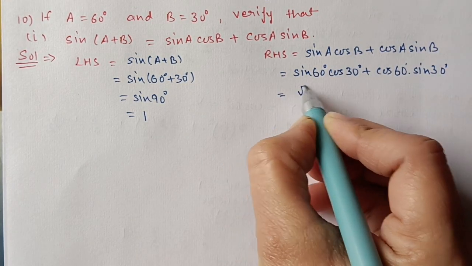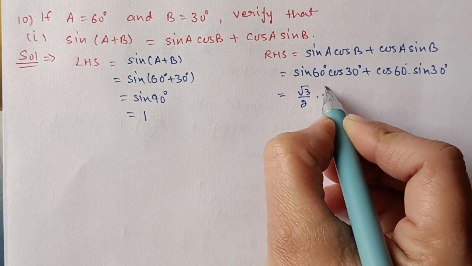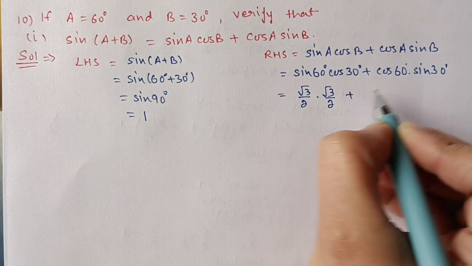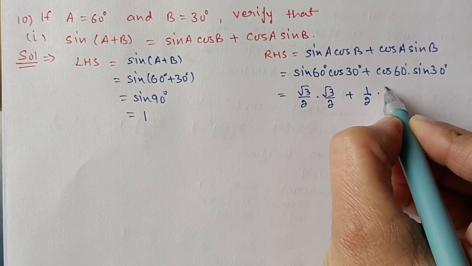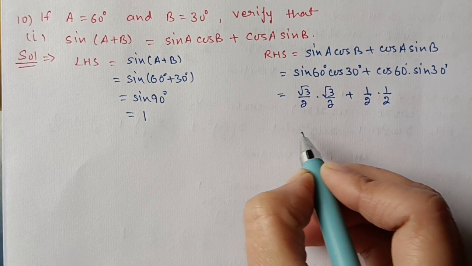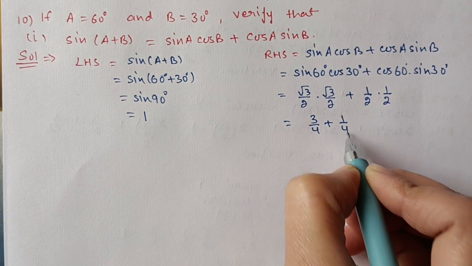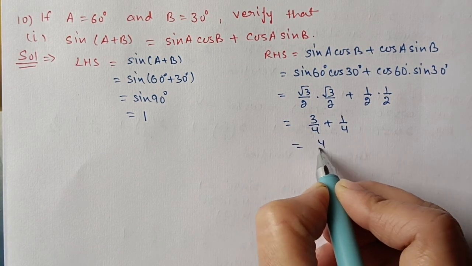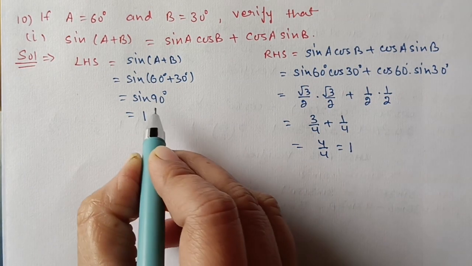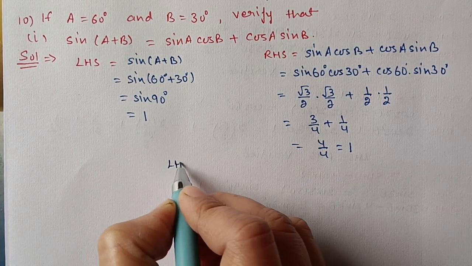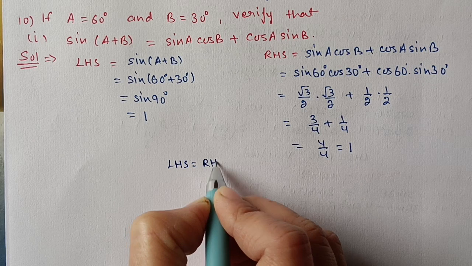Sin 60 value is root 3 by 2, cos 30 value is root 3 by 2, cos 60 is 1 by 2 and sin 30 is 1 by 2. So here we will get 3 by 4 and here 1 by 4. After addition, 4 by 4 means 1. So you can see both left and right side are coming same. Hence it is verified.